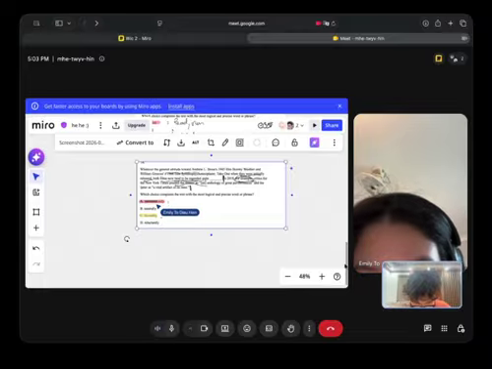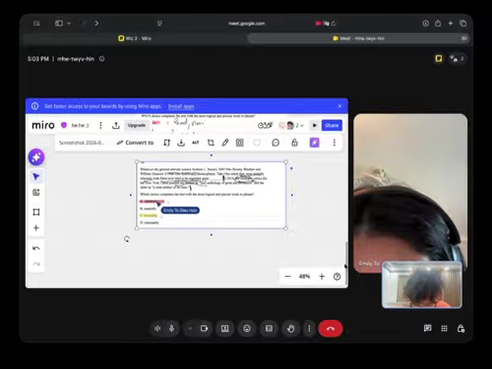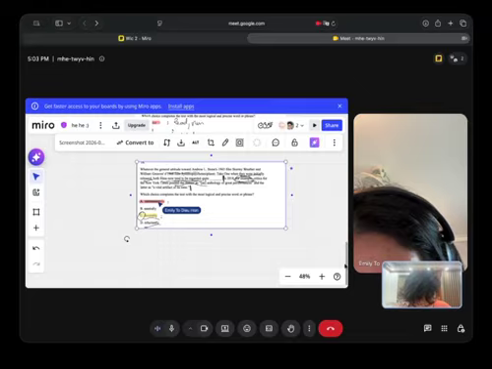Although it sounds right, it is a positive word, but the other choice is better. Reluctantly and neutrally is not the right nuance we need to find. Alright, so it's wrong. Next.